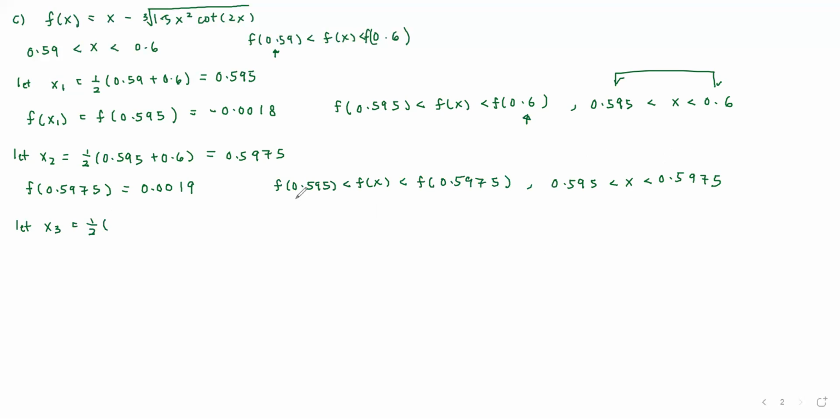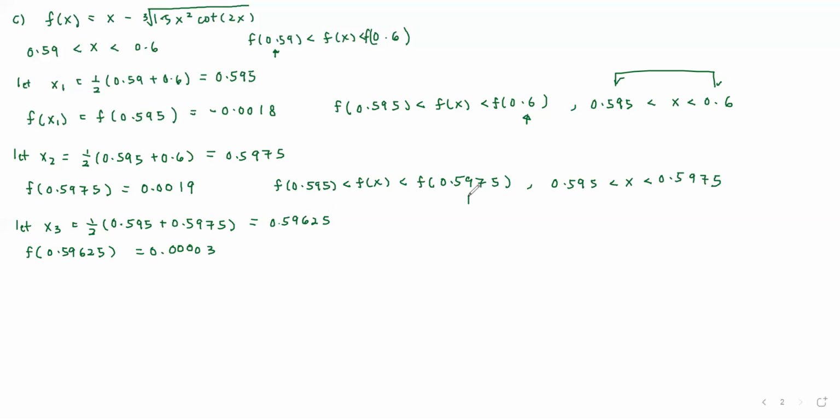We average the two x values here. So we average 0.595 and 0.5975. That would be 0.59625. We find the value of f at 0.59625, and that is 0.00003, which is positive.